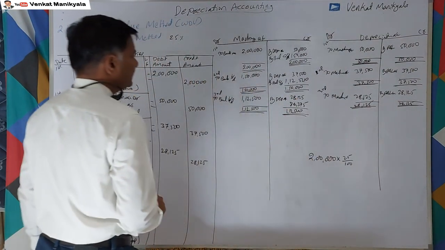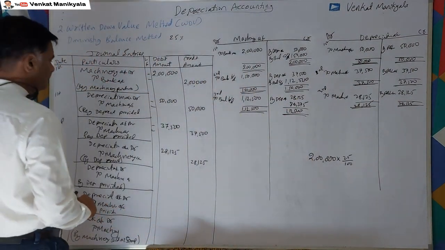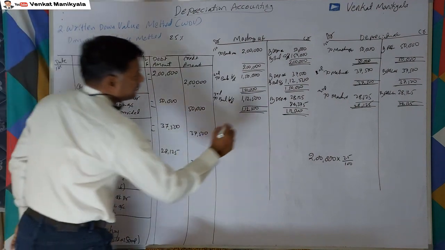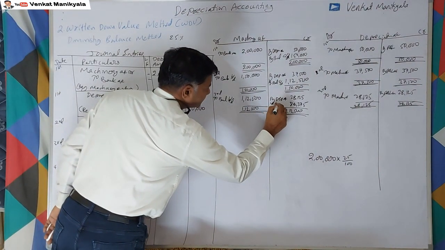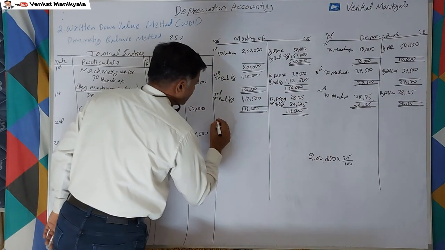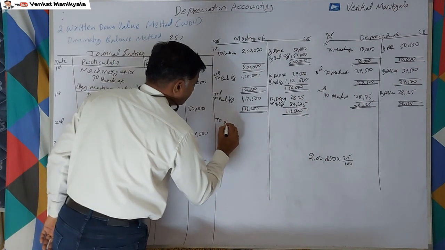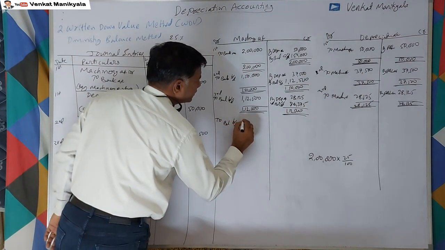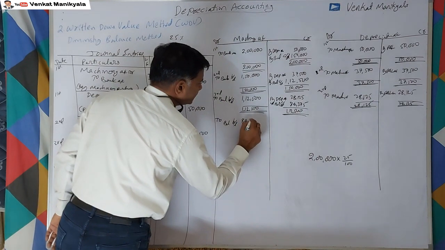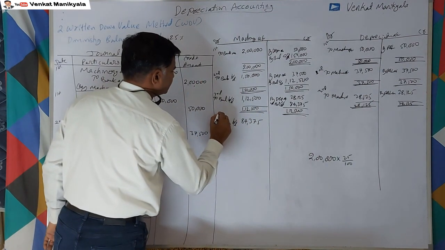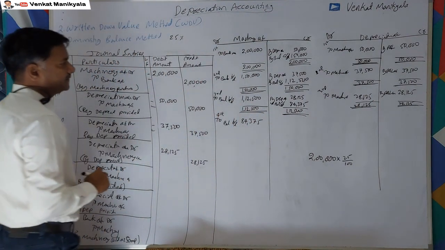This is in the third year. By balance carried down, balance brought down 84,375. This is the fourth year.